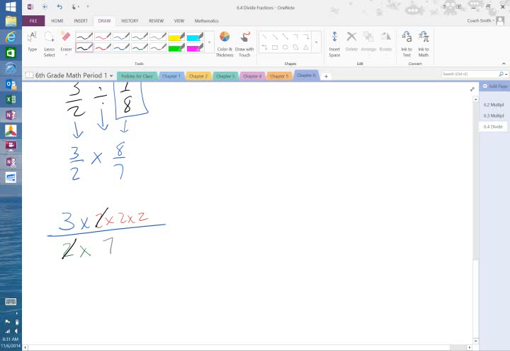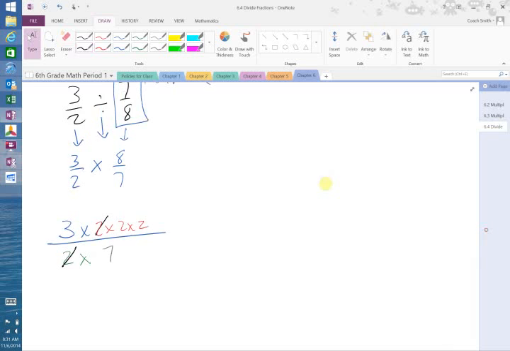That's the long Jimmy Neutron, where you prime factor each number. We prime factored 3 because it's prime. We prime factored 8 into 2 times 2 times 2. We prime factored 2 and 7 because they're prime. And then we canceled those 2's.